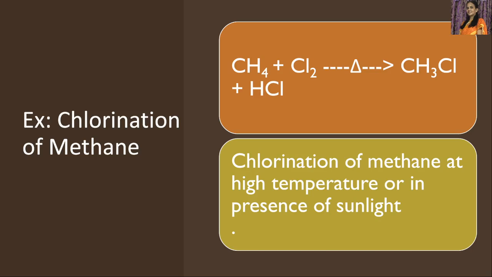So in this reaction, one free radical, that is the hydrogen free radical, is replaced by a chlorine free radical. Then we get methyl chloride as the final product, plus HCl.